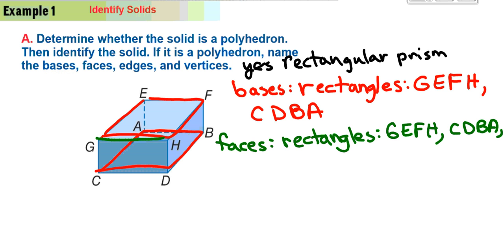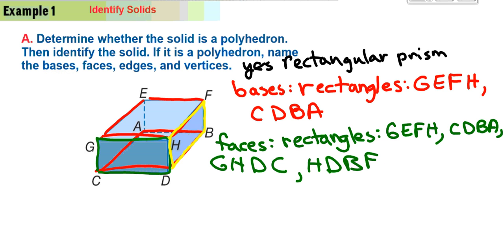GHDC. Another one? HDBF is that one. Another one?